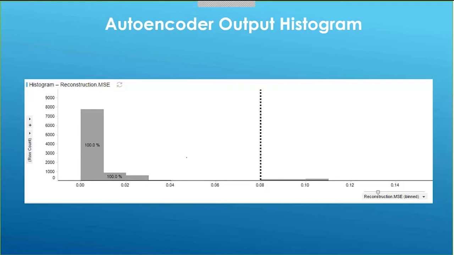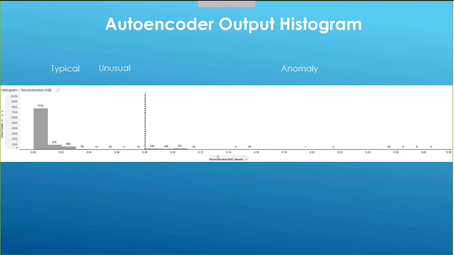So here we see most of the points are on the left-hand side with a very small error. You can think of those as being typical. As the error index increases, you have fewer and fewer cases, and so what you end up with is a long tail.